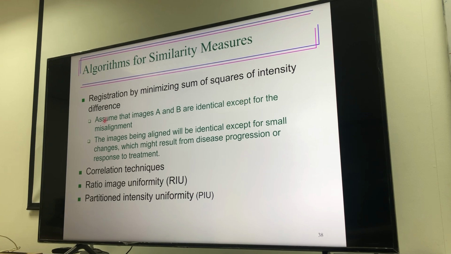Here are some of the algorithms for image registration. You can use similarity measures. There are many kinds of similarity measures, and you can use them as the metrics, how you define which intensity groups are identical or similar to the other groups.